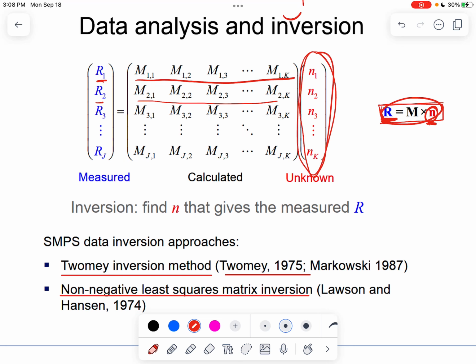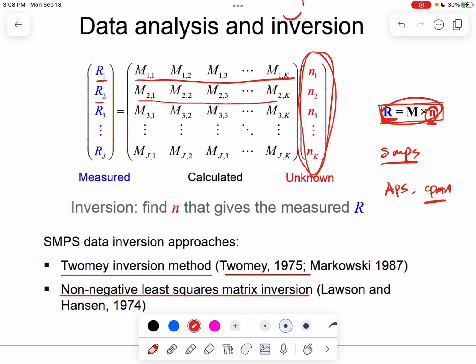And also, this data inversion not only happens for the SMPS. We need to consider data inversion also for different types of aerosol size distribution measurements, for example, the APS, and for example, the CPMA that we introduced earlier, which also monitors the mass-based size distribution, right?